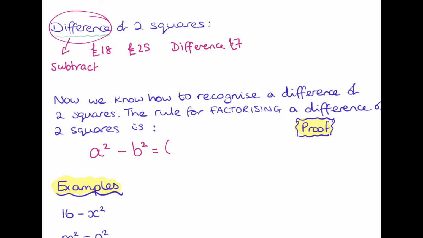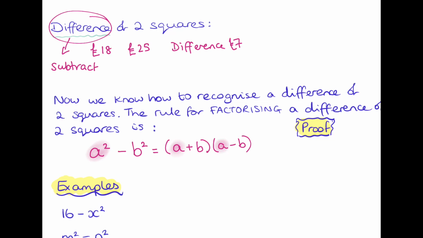If it just looks like that, we can say that it factorises into two brackets, and the two brackets are a plus b times a minus b. Whatever squared gives you the first thing, that thing goes there.